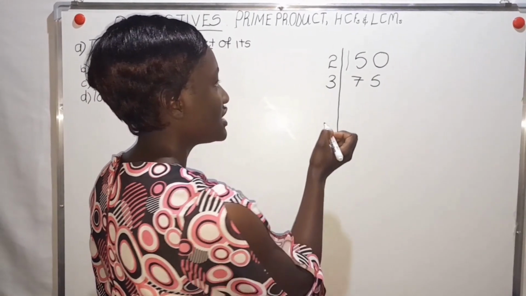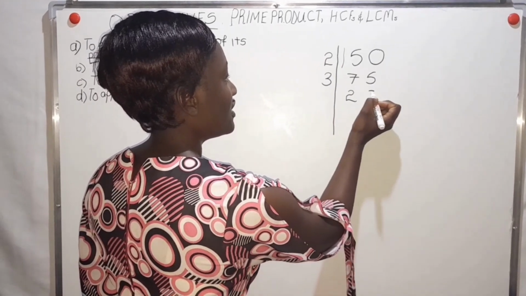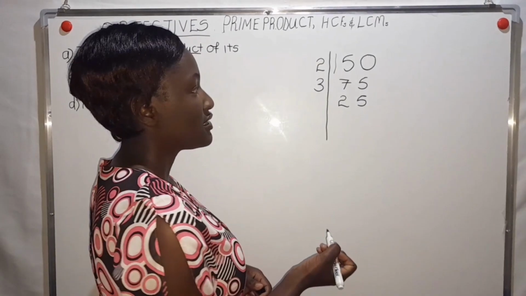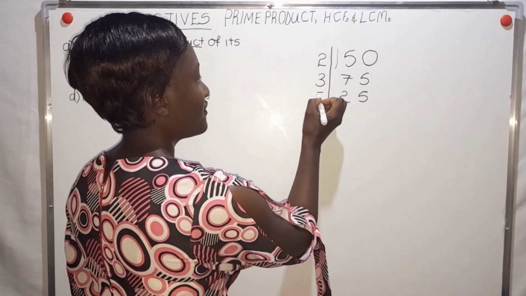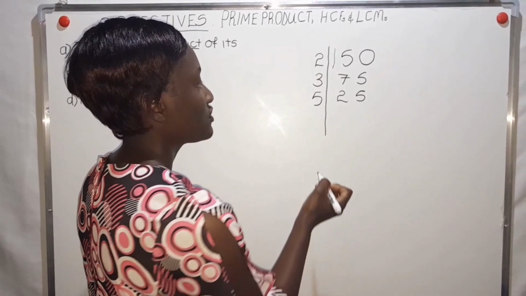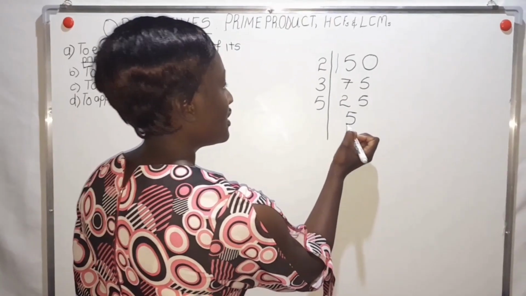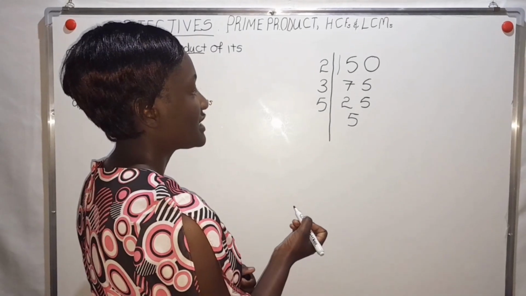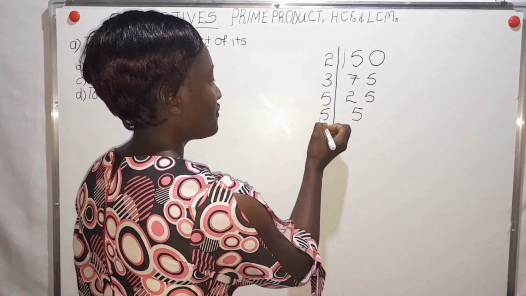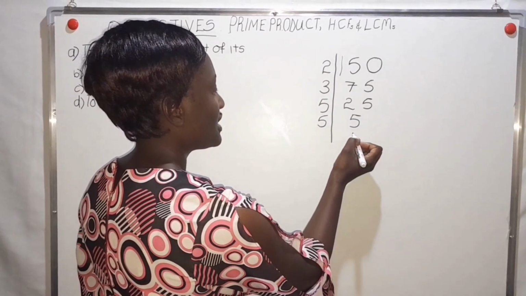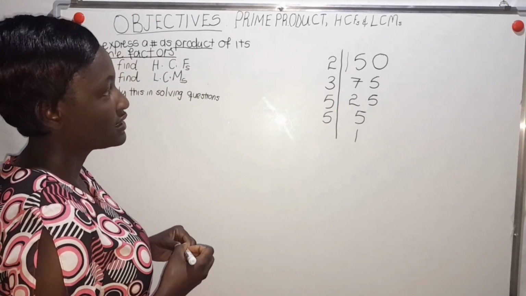If we say 3 into 75, we get 25. The lowest prime factor for 25 is 5. So if we say 5 into 25, we get 5. The lowest prime factor of 5 is 5. If we say 5 into 5, we get 1. So we have reduced it to 1.